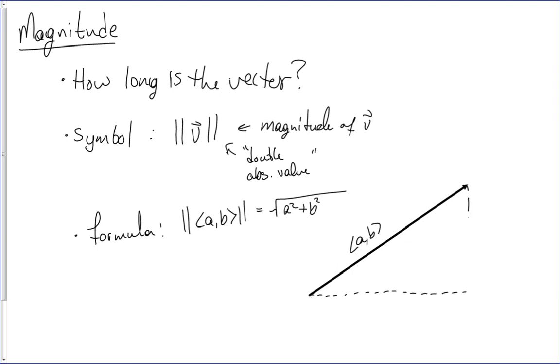Okay. All right. a is simply your left or right distance. b is simply your vertical distance, up or down. So here we made a right triangle, and the vector is simply the hypotenuse of the right triangle. So the square root of a squared plus b squared is your formula for magnitude.